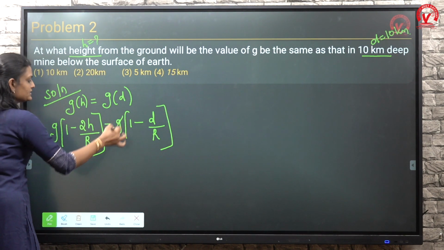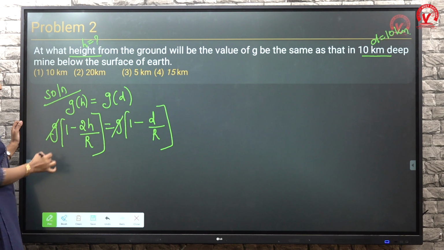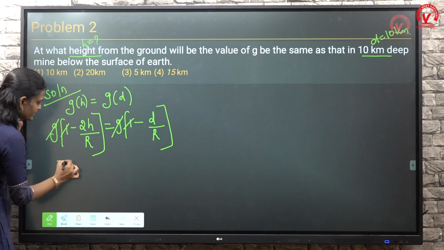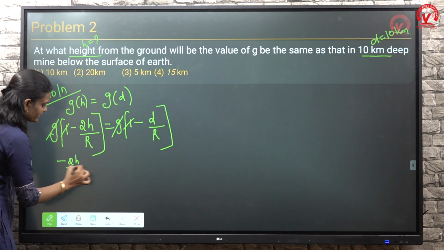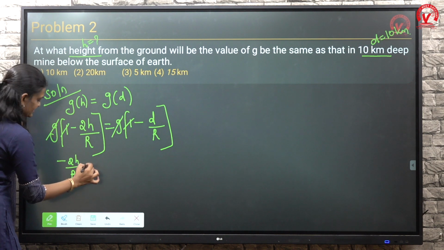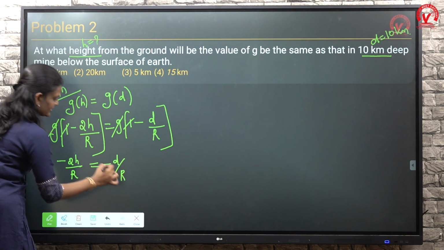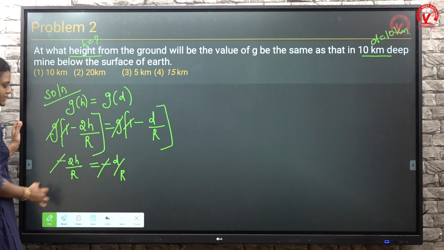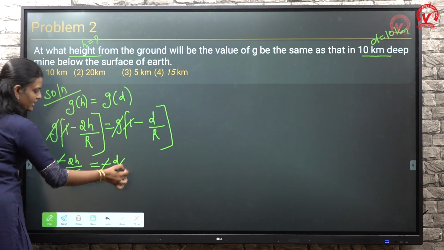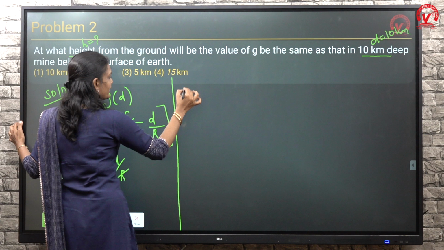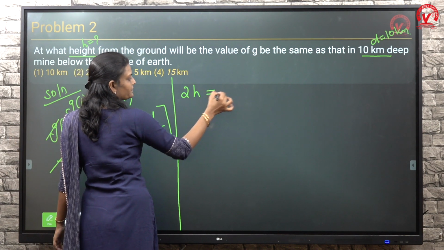Now g gets cancelled and 1 gets cancelled. We have 2h divided by R is equal to minus d by R. The negative sign gets cancelled and R gets cancelled, so 2h is equal to d.